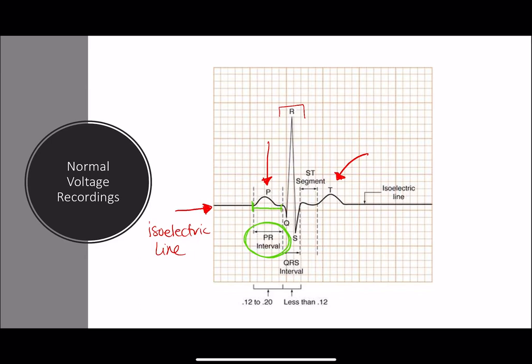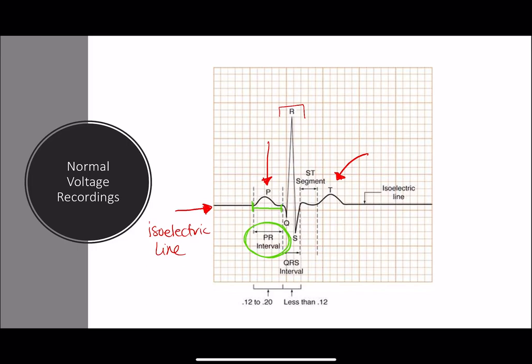I know, it's called the PR interval and it goes to the Q wave. Technically, this should probably be called the PQ interval, but the Q wave is not on every lead. If the Q wave isn't there, you would lose what this is called. That's why it's called the PR interval. So if the Q wave is there, it goes to the beginning of the Q wave. If there is no Q wave, then the first deflection point would be the beginning of the R wave. So that's the PR interval.